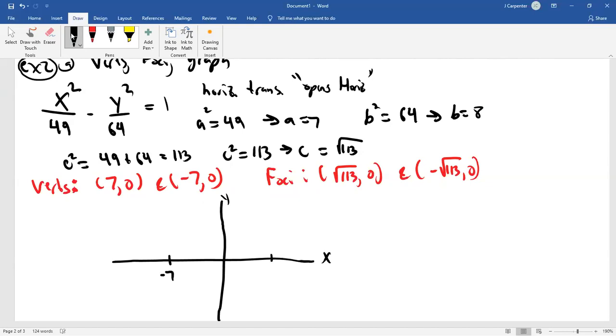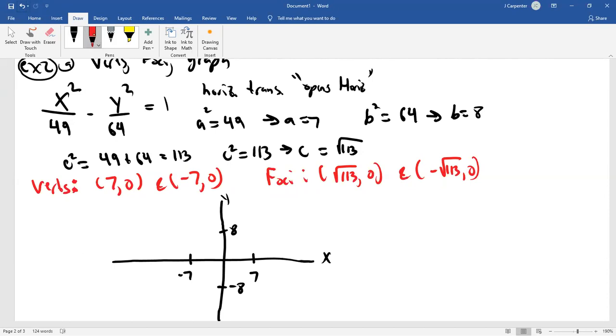There's our negative 7. Here's our positive 7. The B squared was 64, so the B is 8. So we're going up and down 8 to get those. In fact, I don't want to have those so far out on my graph. Let me squeeze them in a little bit more. Here's my negative 7. Here's my positive 7. Here's my 8. Here's my negative 8.